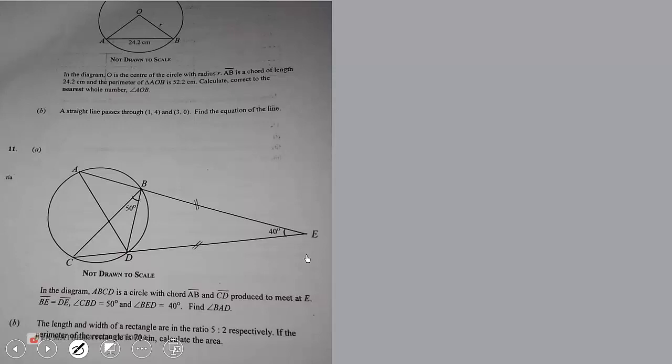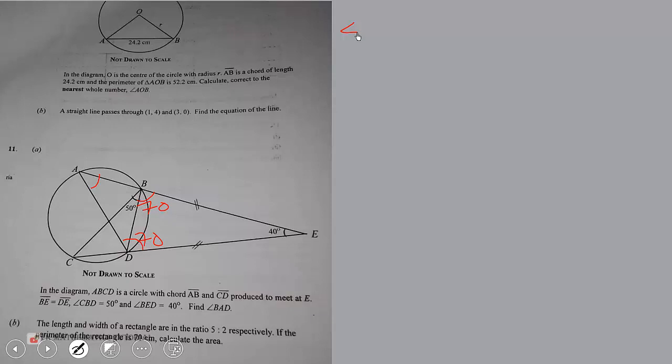Angle CBD equals 50 degrees and angle BED equals 40 degrees. Find angle BAD. Since this is 40 degrees, this will be 70, 70, because 70 plus 70 is 140, plus 40 is 180. So we found this angle to be 70 degrees.